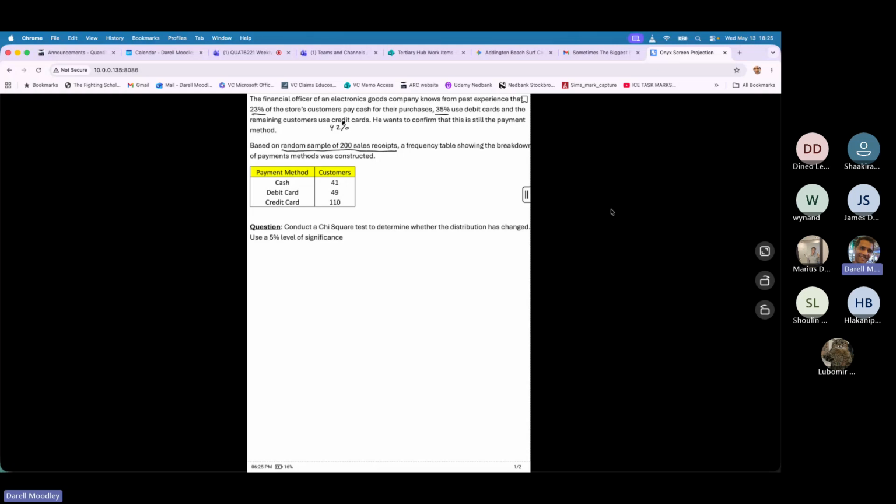If you add all these up, it gives you 200. So this is what's given to you in the question. Nothing you had to work out so far.